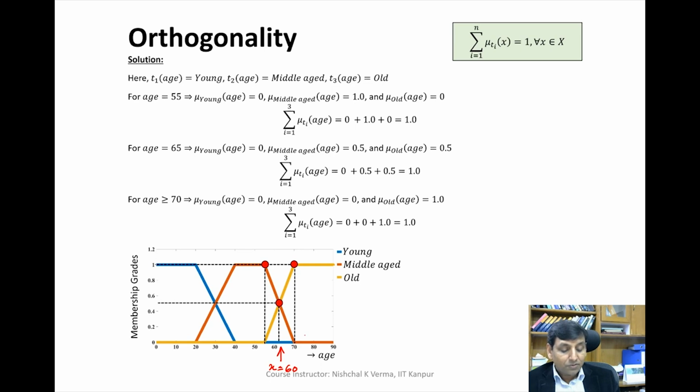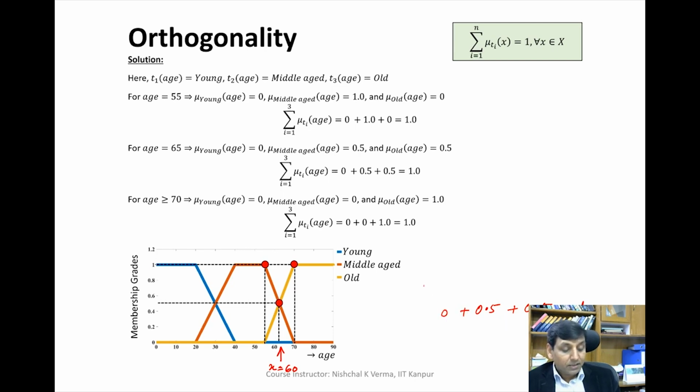Both have 0.5 as the membership values, and when we sum all the membership values, 0.5 for middle-aged and 0.5 for old, the summation is 1. Please understand that at x is equal to 60, mu young is 0.